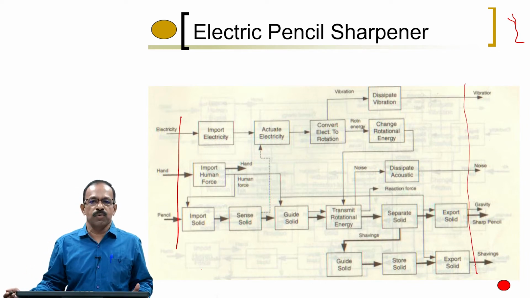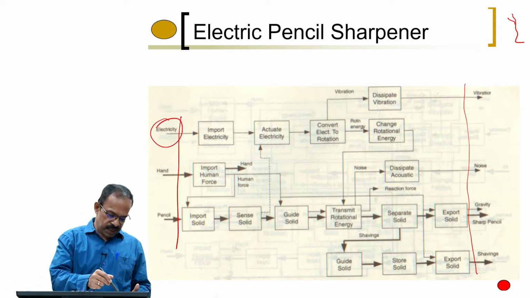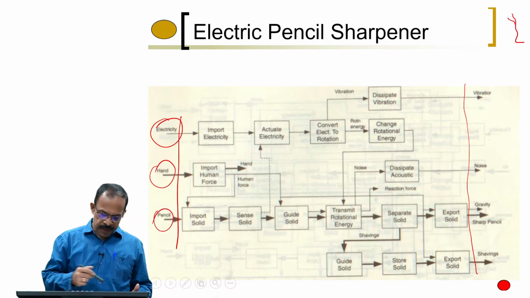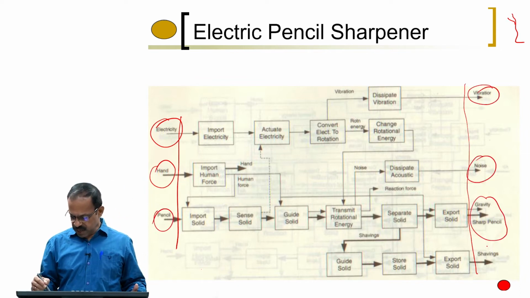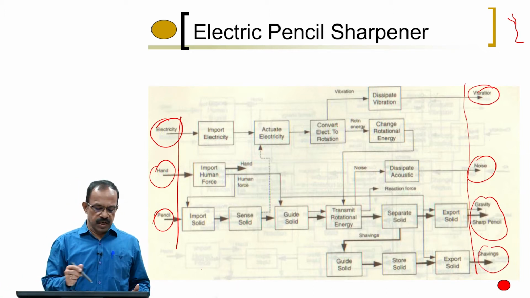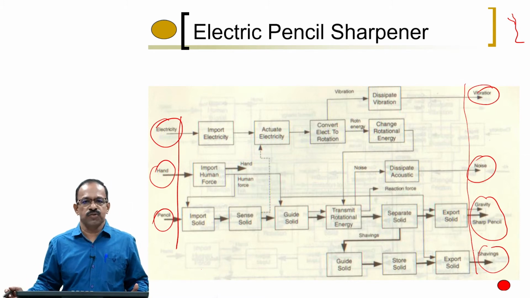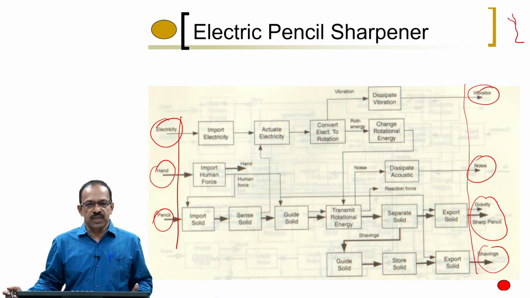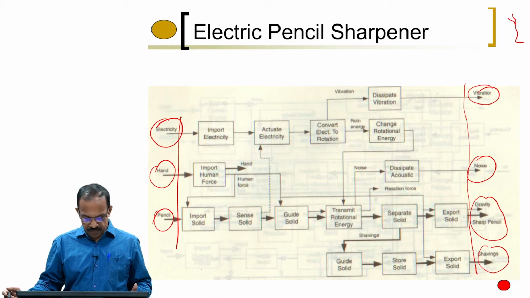We saw the example of the electric pencil sharpener in the last class. These are the input flows: electricity, hand and pencil, and the outputs are vibration, noise, gravity, sharp pencil and shavings. Whatever is happening between the input and output are the functions of the product, and we need to understand these functions in order to make the product function as per the requirements of the customer.